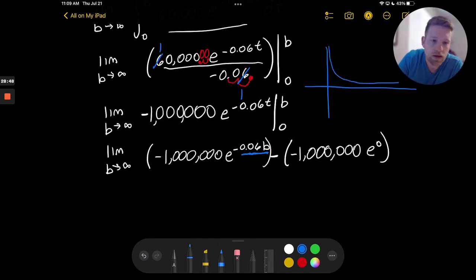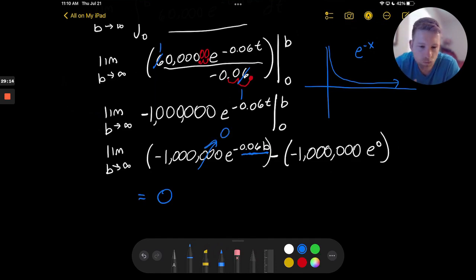That negative exponential, e raised to the negative x, will decrease. And where is it decreasing to? It's actually just decreasing down to 0. So as b gets very, very large, that first term goes to 0.